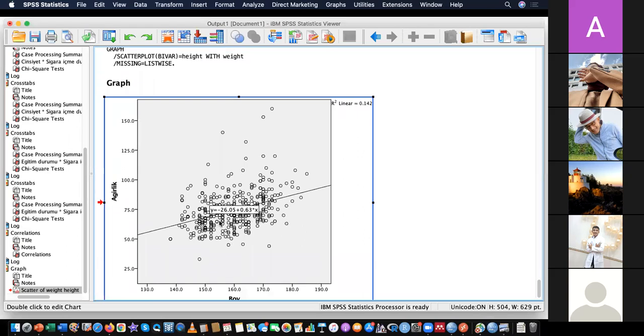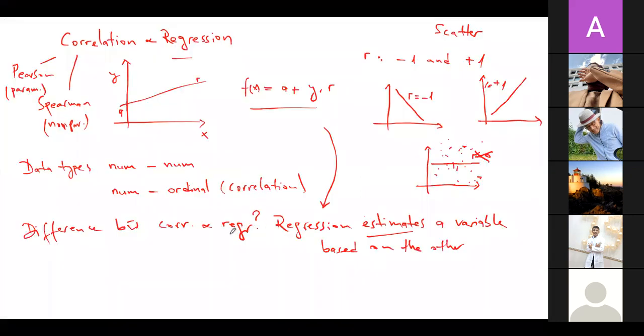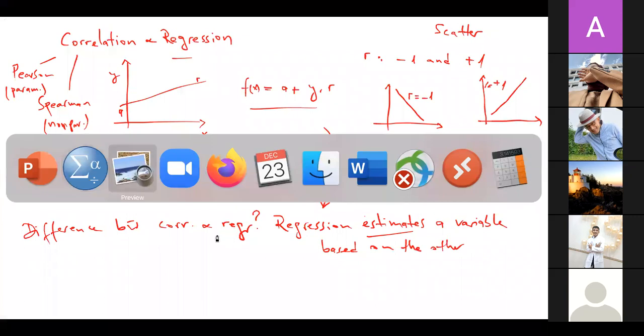Yeah, this is how it looks like, the scatter dot and my correlation analysis.